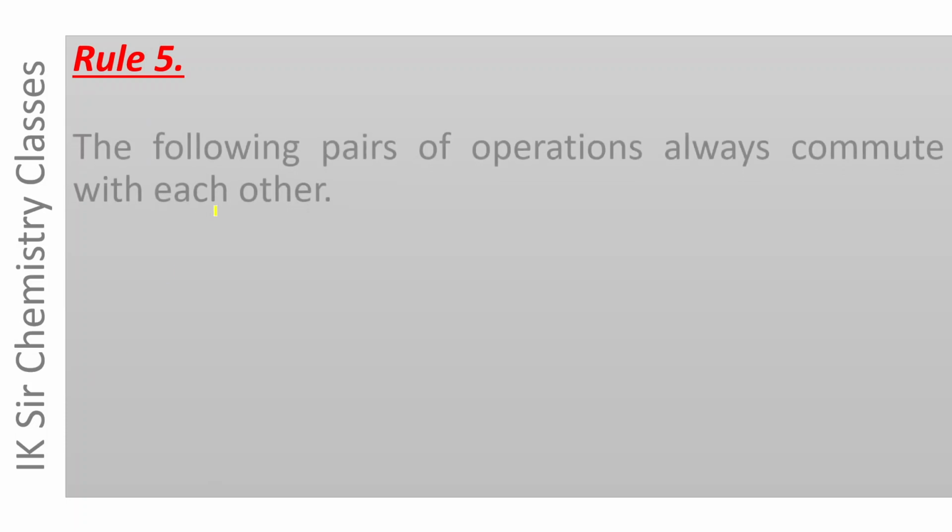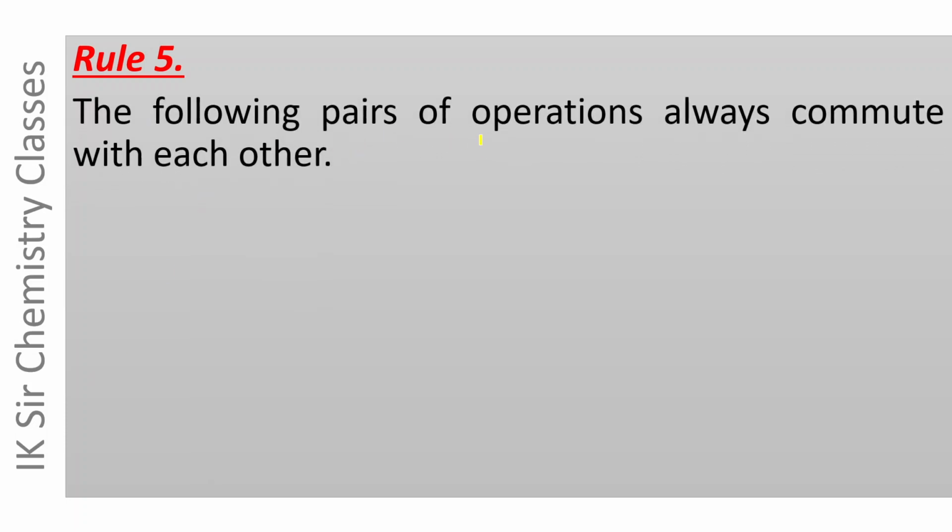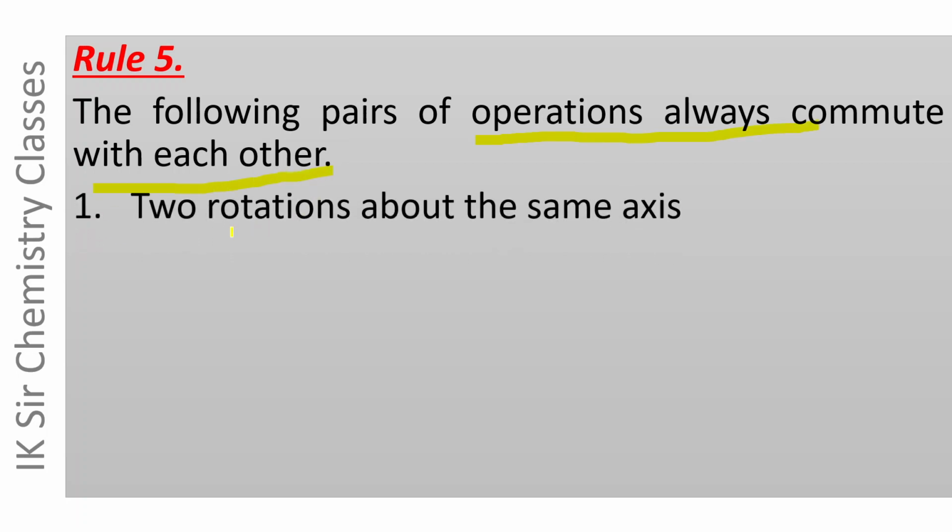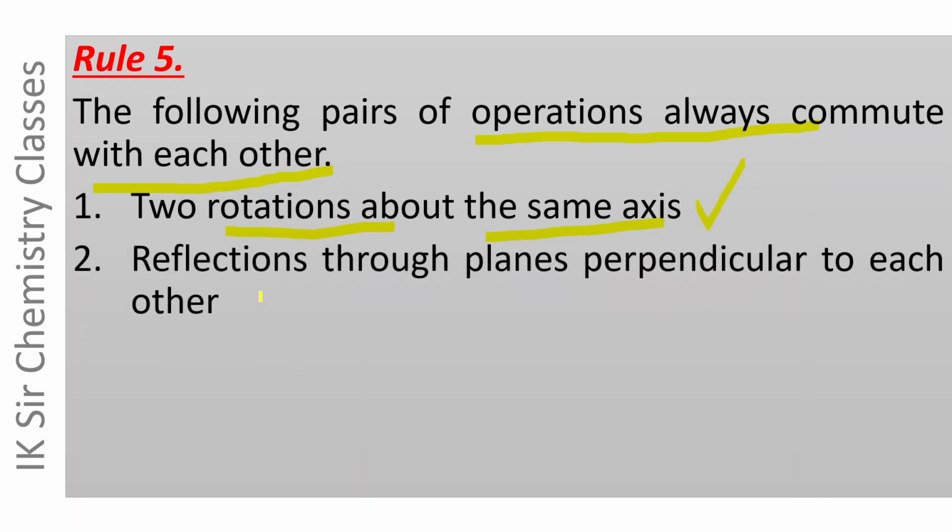And finally, rule number 5. The following pairs of symmetry operations always commute with each other. Two rotation operations about the same axis always commute with each other. Reflections through planes perpendicular to each other.